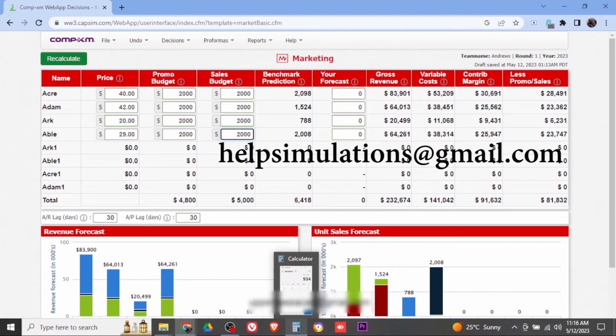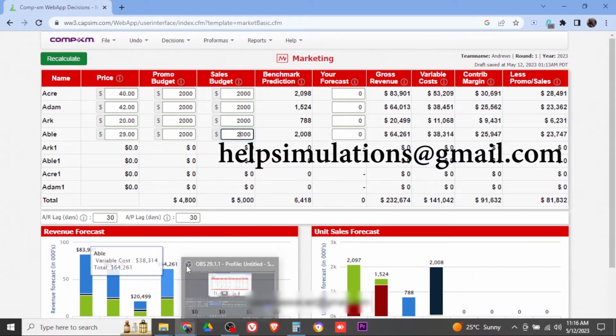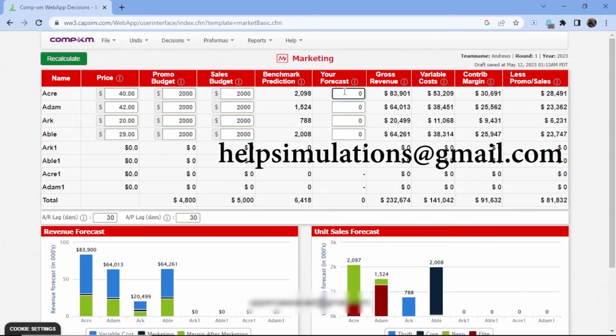Then the next place is the forecasting. What I did is I carried out my forecasting so that in the thrift I'll sell 2000. Then in the core market segment I'll sell 2100.